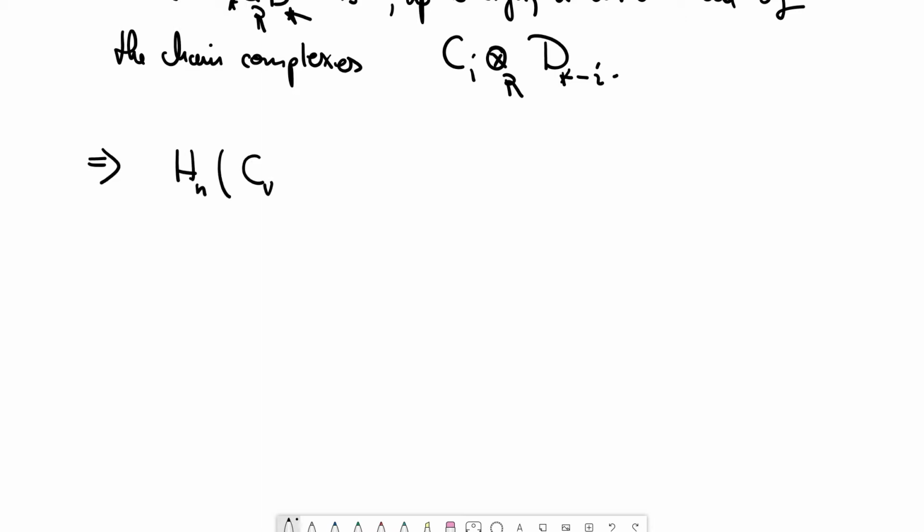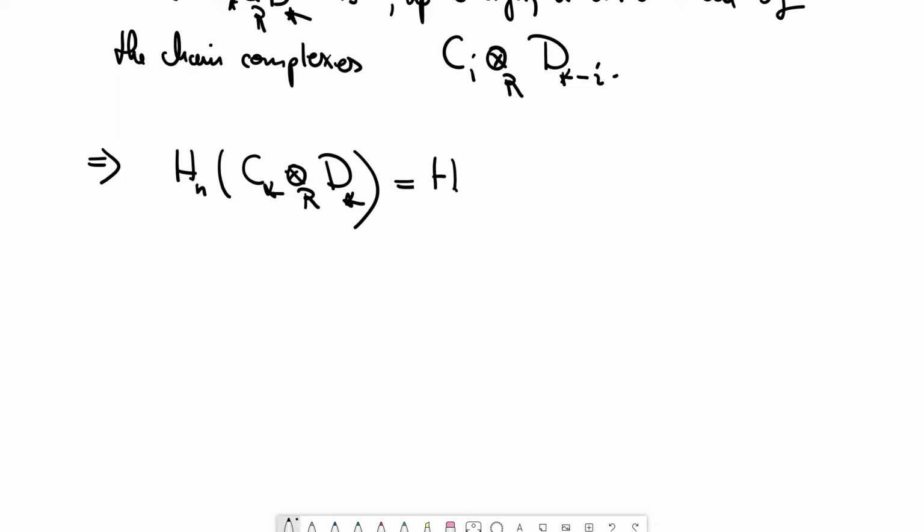So if we want to compute the homology now of what we want to compute in this situation, well, the homology of a direct sum of chain complexes is the direct sum of the homology groups. So this is the direct sum, well, maybe two steps.